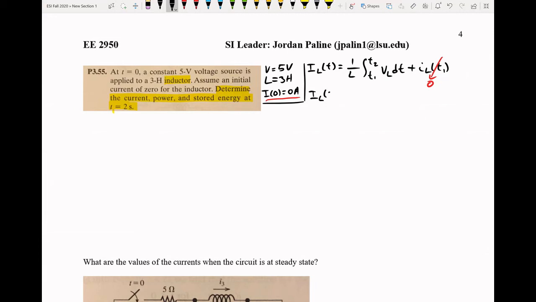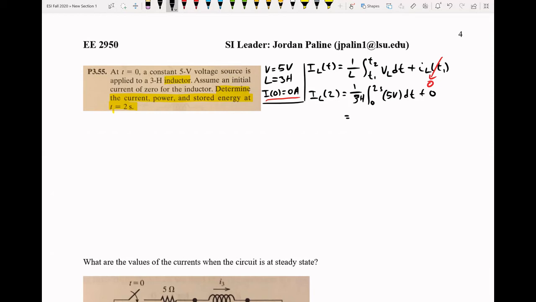And we know everything else that goes into this equation, so we can just go ahead and plug all these values in. So at 2 seconds, we will get 1 over 3 henries, 0 to 2 seconds. V of L we said was 5 volts, and then we can do dt plus 0. I'm sorry, it's 3 henries. Okay.